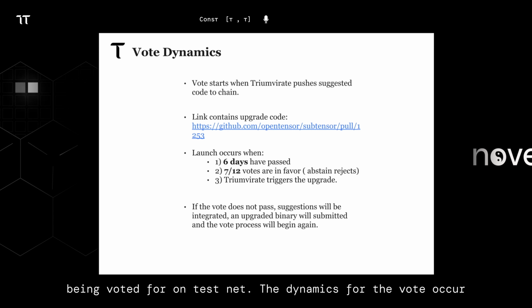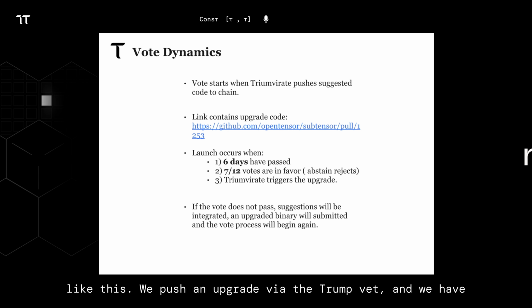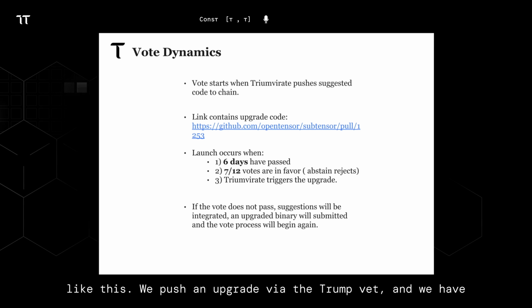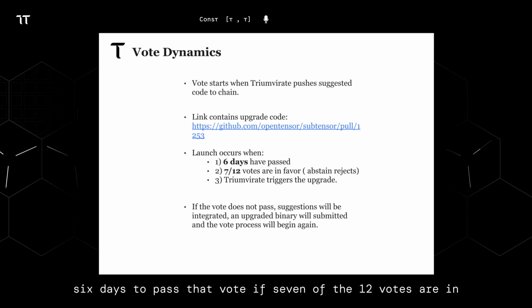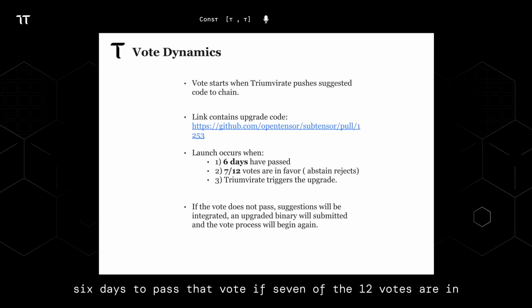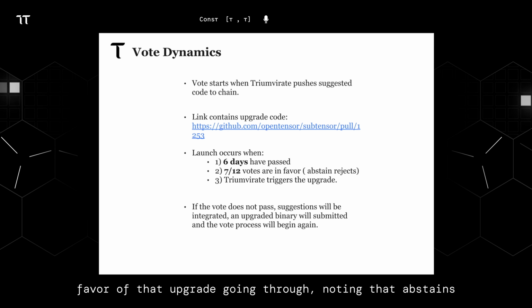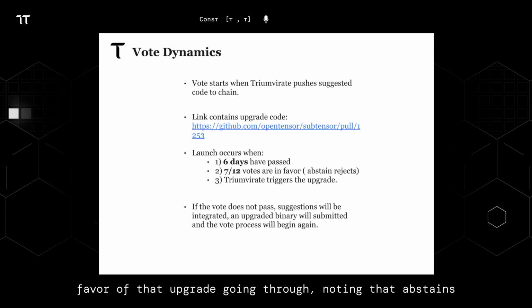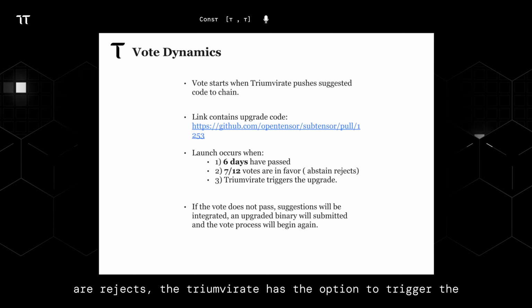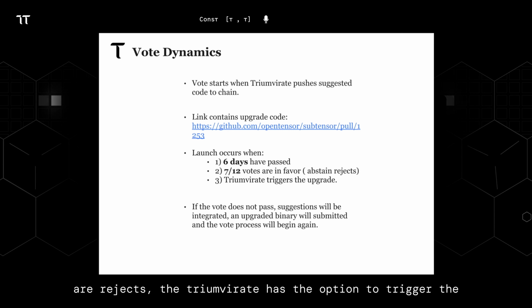The dynamics for the vote occur like this. We push an upgrade via the triumvirate, and we have 6 days to pass that vote. If 7 of the 12 votes are in favor of that upgrade going through, noting that abstains are rejects, the triumvirate has the option to trigger the upgrade.